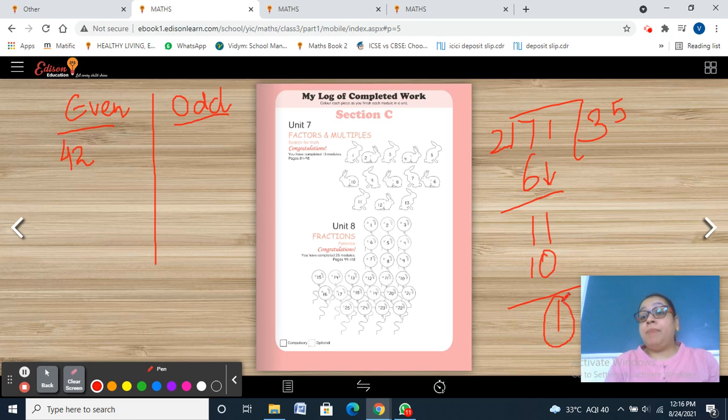When you get a remainder more than 0, when there is a remainder like 1, 2, 3, or any other number, then that number is an odd number. When you're not getting 0 as a remainder, then that number is an odd number.